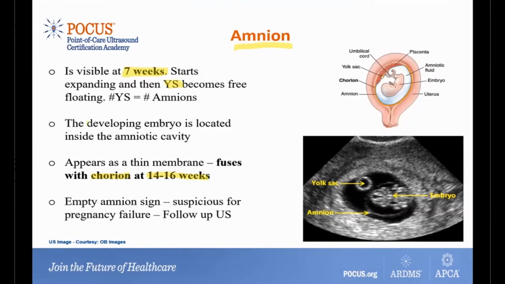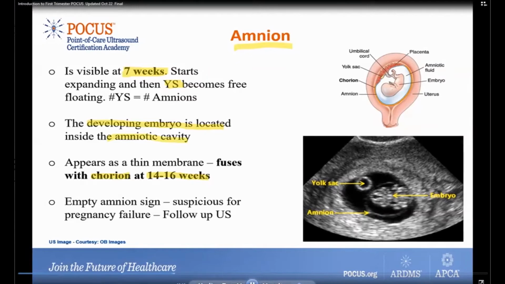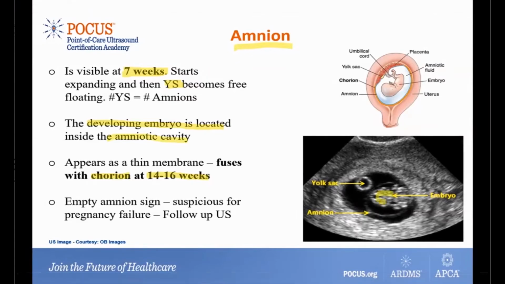And the developing embryo is located inside the amniotic cavity. So here is the embryo. See the embryo head and the trunk. And of course, you can see now that the yolk sac is separated. And also you can see the amnion, the thin echogenic line going all around the embryo. And that is the amnion.